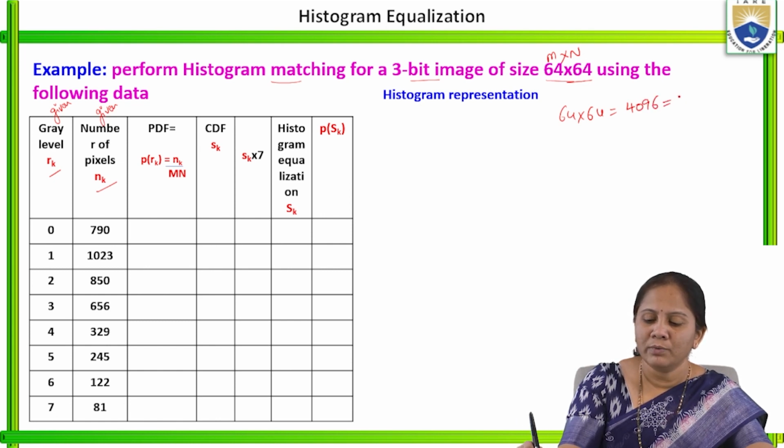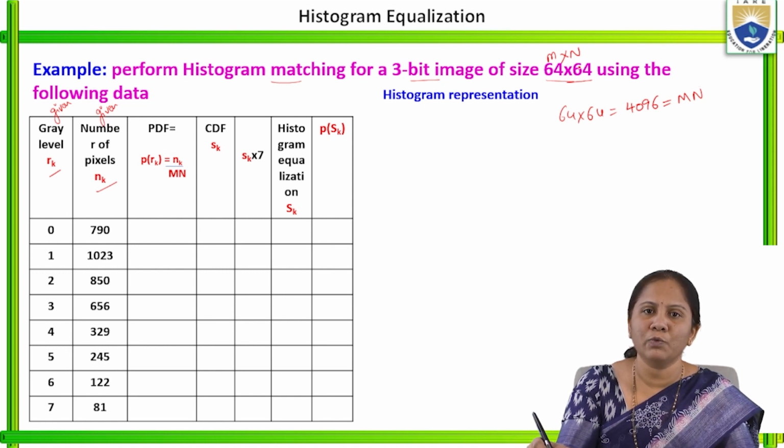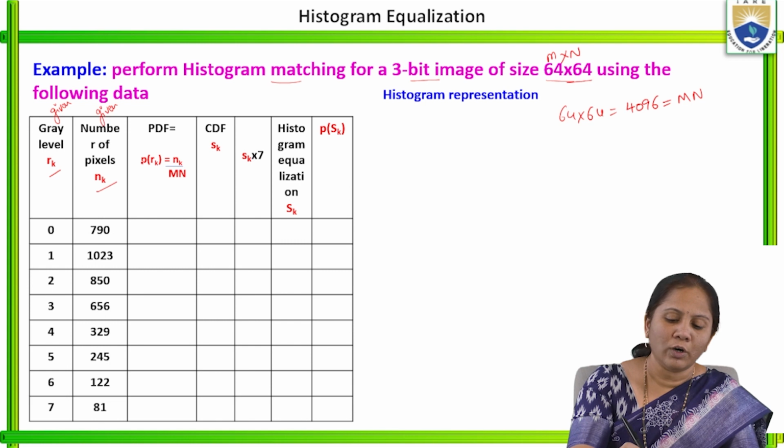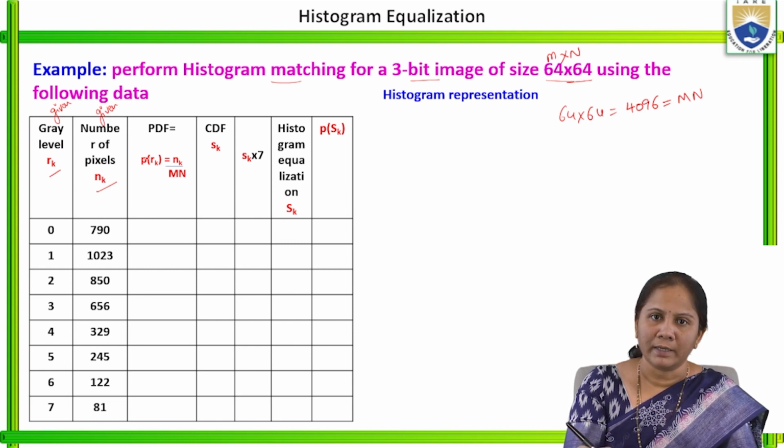That is, in this 64 by 64 image, the total number of pixels is 4096, and this is the value of MN we have to take in order to calculate P of Rk.